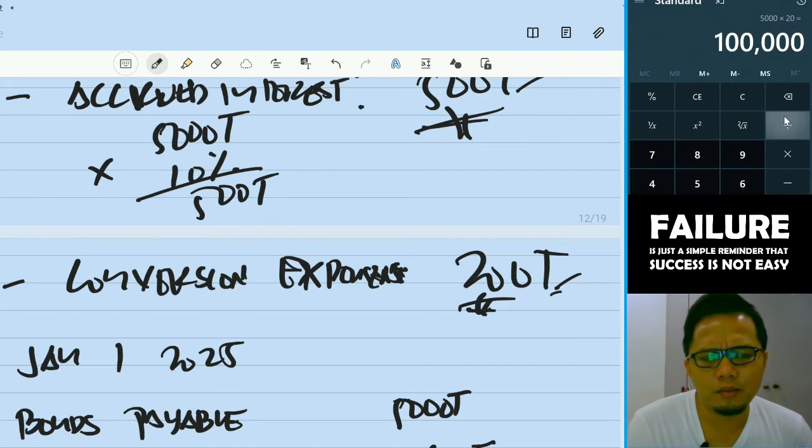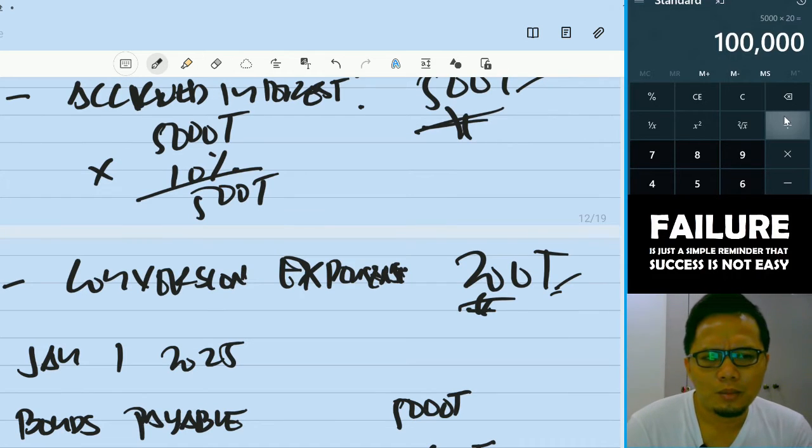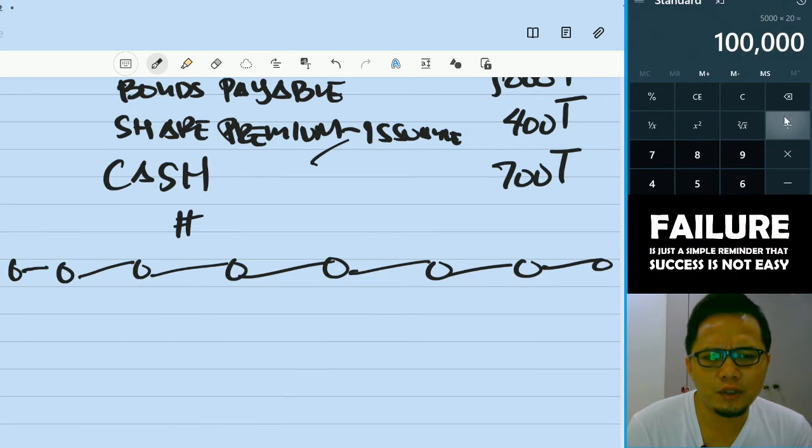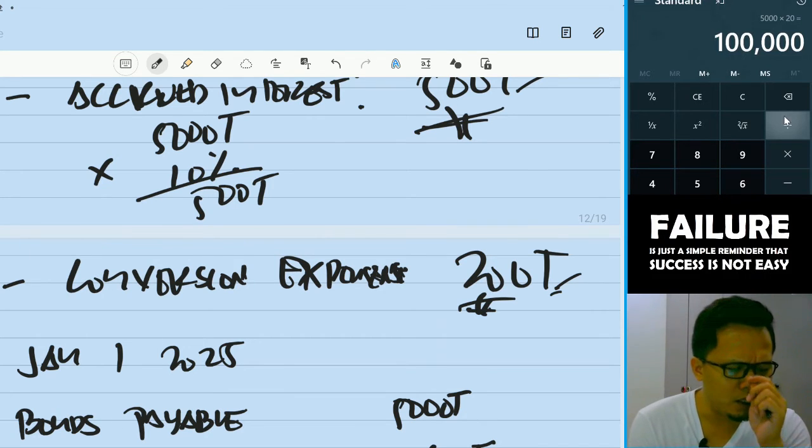There are two accounting problems that we will encounter there: if the payment occurred prior to maturity, or if the payment occurred on maturity date. So, let us deal first with maturity date.